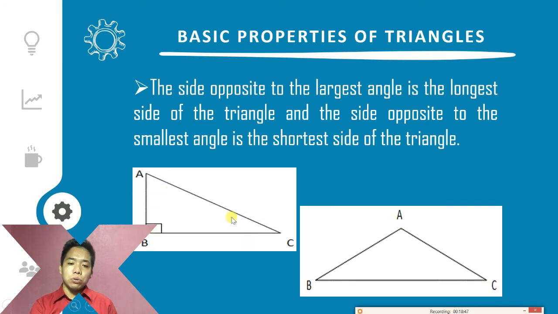So in the figure, angle B is the largest angle, measuring 90 degrees. It is opposite the longest side AC. In the other figure, angle A is the largest angle, it is opposite the longest side BC. It will always be true. So those are some basic properties of triangles.